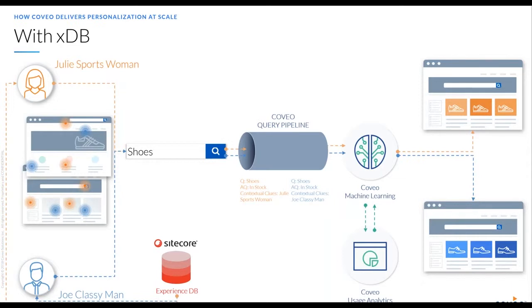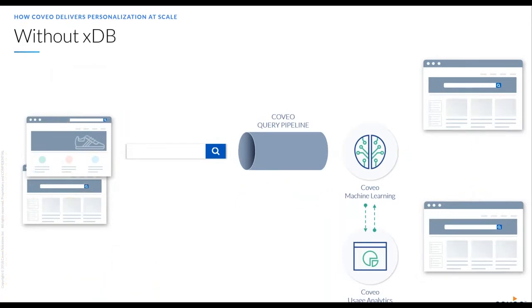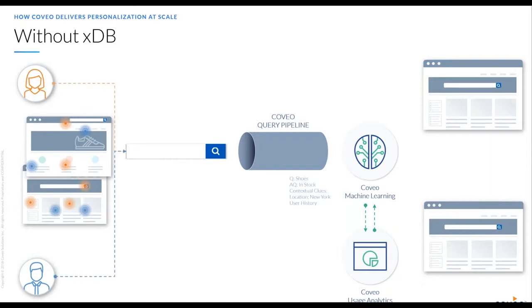very important when it comes to that relevancy, gaining the context of the search and providing relevance based on that context. The second piece is we're able to do this without the XDB personas, but in a different way. We still have those two users coming in and performing the different search.